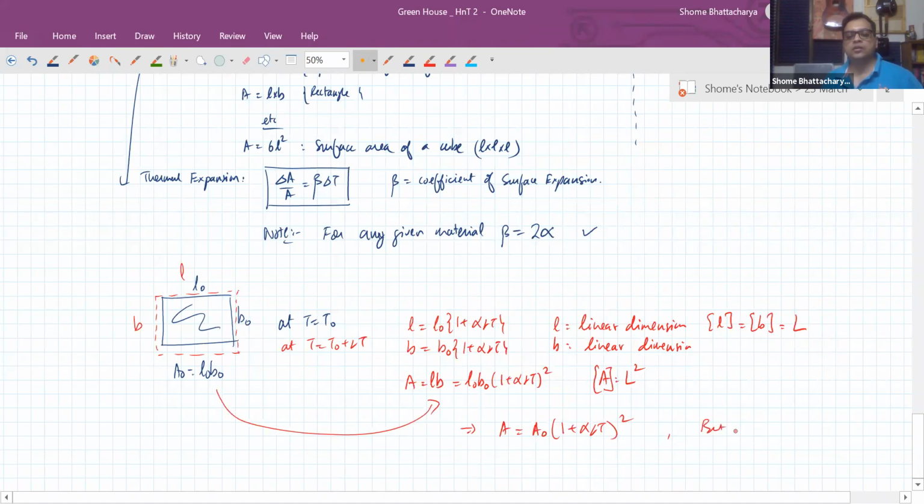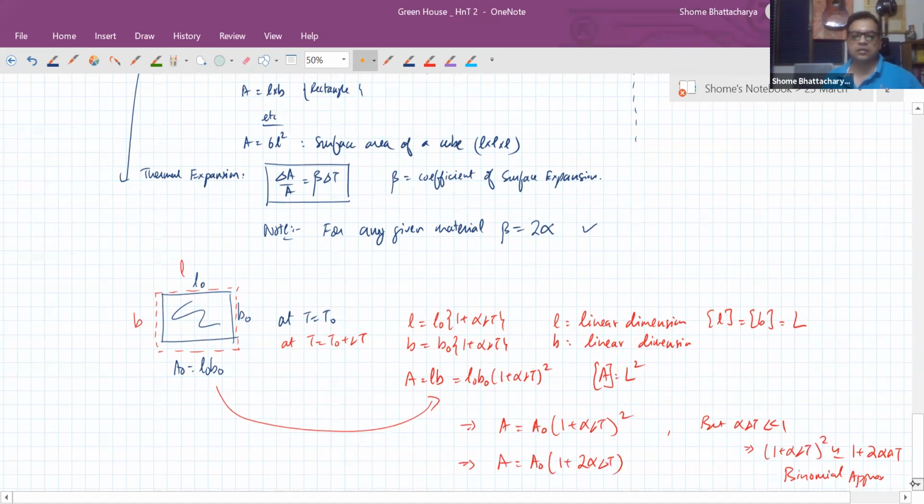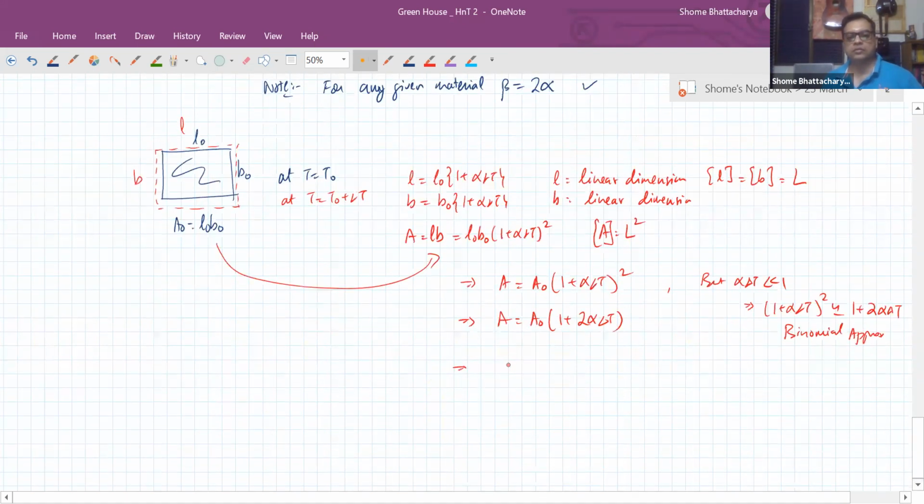But alpha delta T is very small compared to 1. So therefore, 1 plus alpha delta T whole square is 1 plus 2 times alpha delta T. Again, binomial approximation. So by that logic, we can see that A is equal to A naught into 1 plus 2 alpha delta T. Okay. So from this, we can see that the value of beta will become twice of alpha.